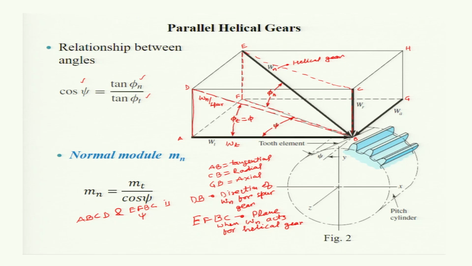So now you have phi t, Wn for the case of helical gear, Wn for the spur gear, and the helix angle equal to psi. So from that you can get a relationship between psi, phi n and phi t, and that is cos psi is equal to tan phi n divided by tan phi t.